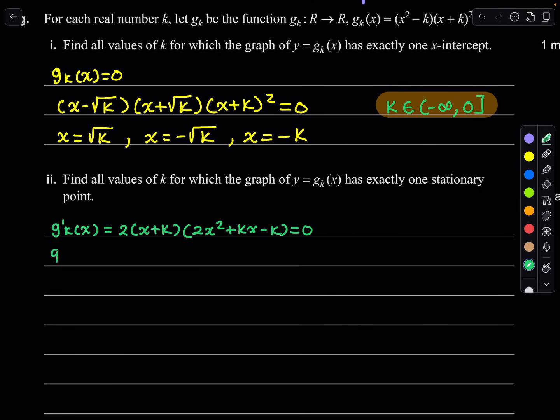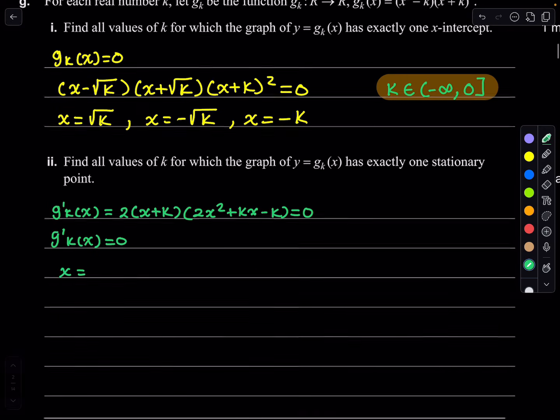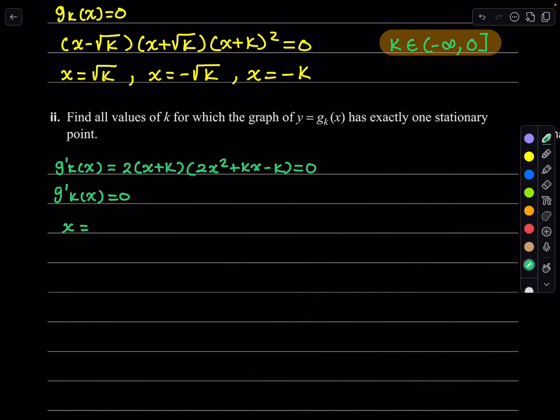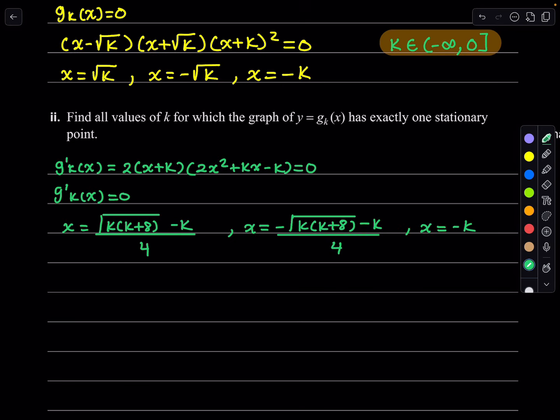And so, of course, we want g dash k of x equals 0, which gives us x equals the square root of k plus 8 minus k over 4, and x equals the negative square root. So expanding that, k plus 8 minus k over 4, and x equals negative k from what we said.